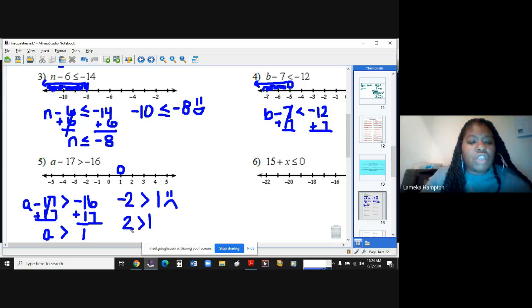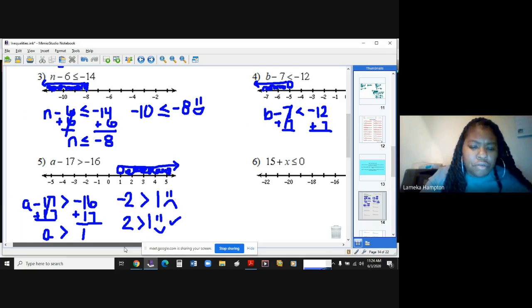We do know that 2 is greater than 1. That's what makes it true. So that means any number to the right of 1 is true. So, of course, a smiley face and a check.